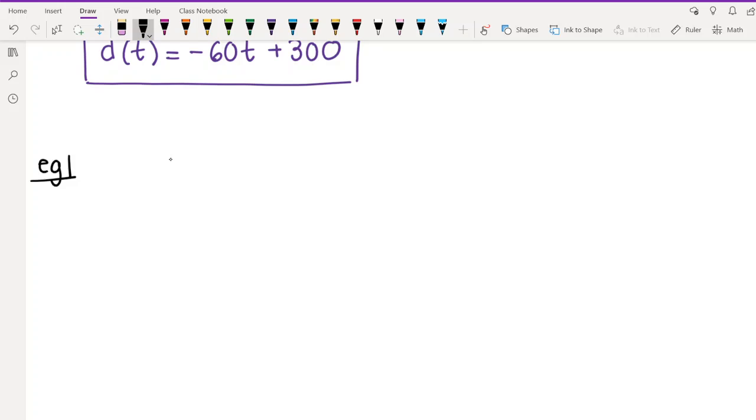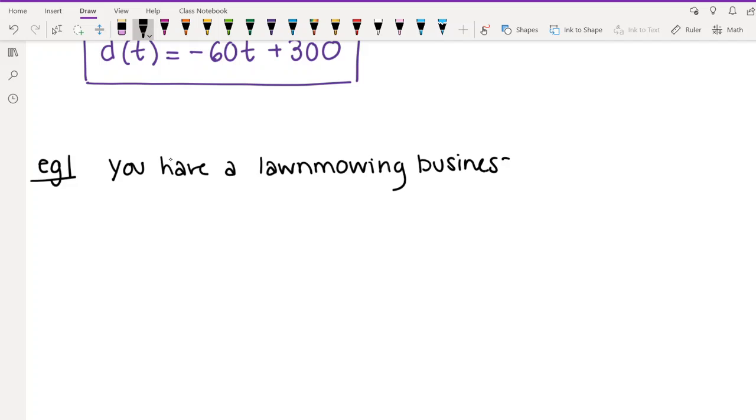Okay, so we're going to do another problem along the same lines. So let's say that you have a lawn mowing business. The way that you charge is that you charge an initial fee.